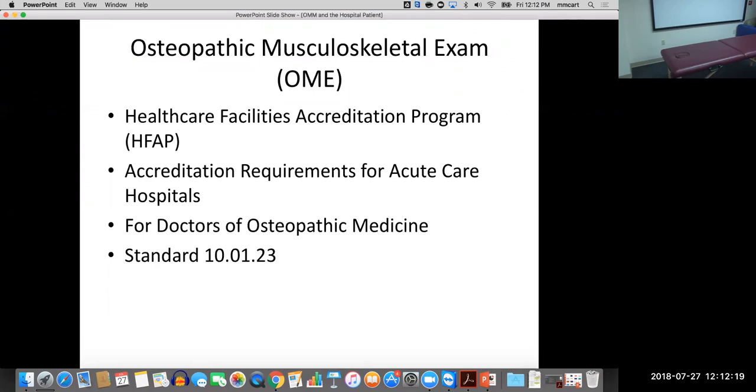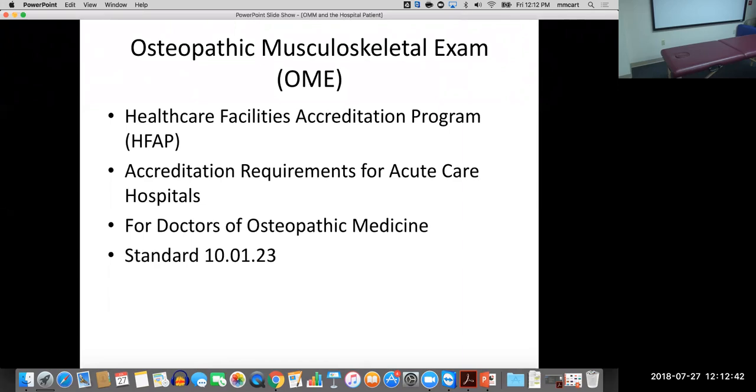And in their document, under standard 10.01.23 for doctors of osteopathic medicine, there are requirements to do an osteopathic musculoskeletal exam as part of your H&P. And so when the hospital gets reviewed, they pull charts and see, did they do these exams or did they not do these exams?